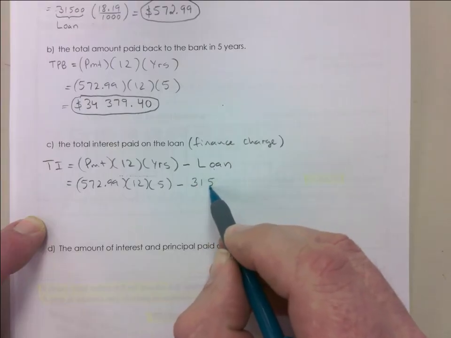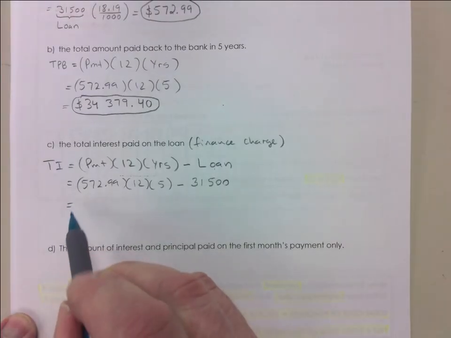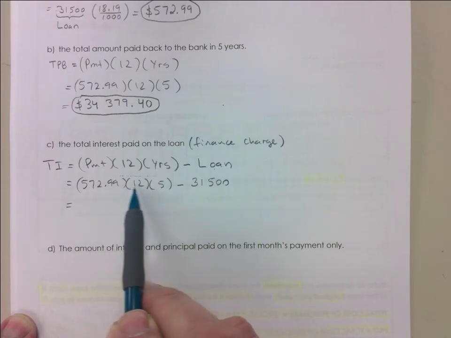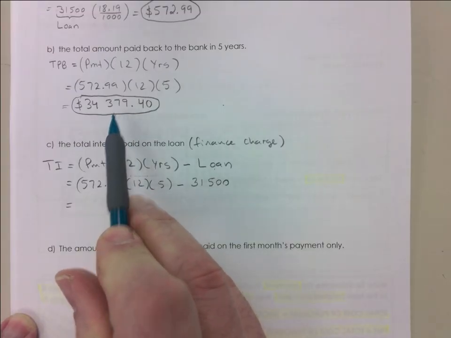31,500, right? It's the number in front of that table rate after any down payments have been deducted. I'm going to cheat here a little bit. This I already calculated before, right? 34,379.